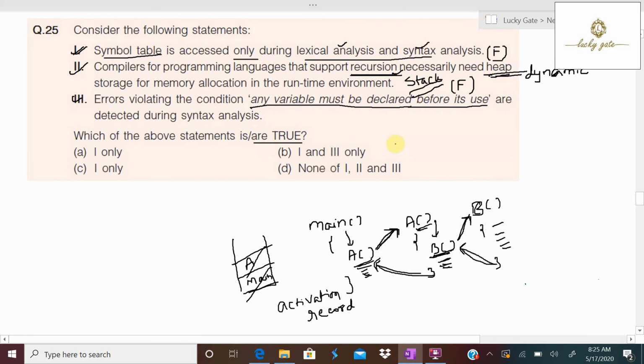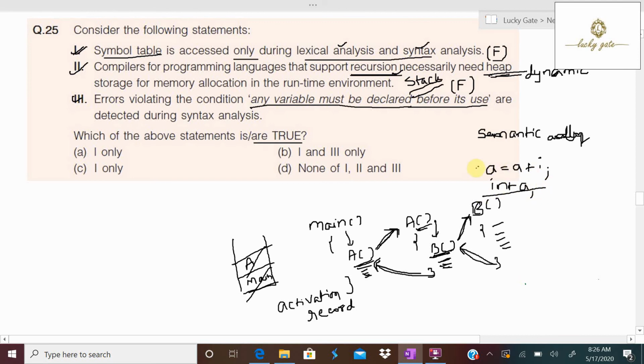Any variable must be declared before its use is not detected by syntax analysis, instead it is detected by the semantic analysis phase. Why? Because if you have a statement a = a + i, and later we have int a, this is not detected during the syntax analysis phase.